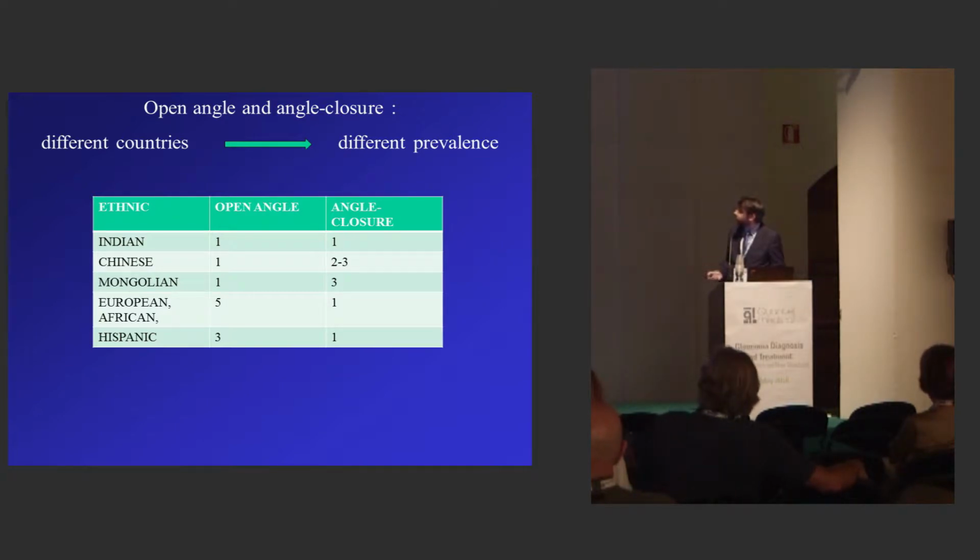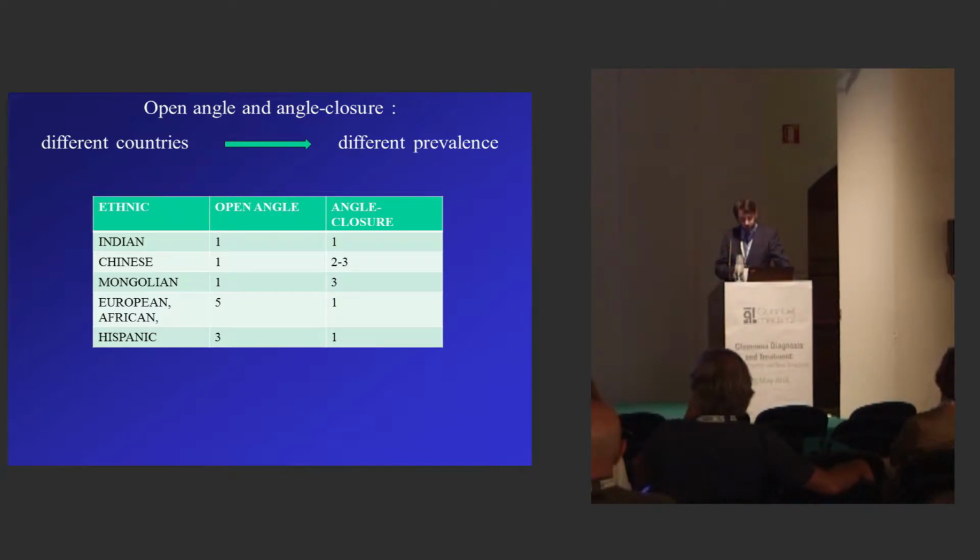But in different countries we have different prevalence of disease, like in China, in South Asia, Mongolia, and there you can see that angle closure glaucoma is the most common kind of glaucoma.